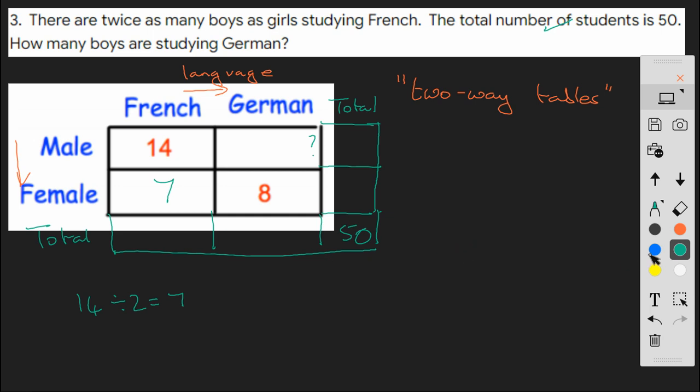So we've now entered all the information that we've been given. So it's a question of what can we now work out? Well, if 14 boys and 7 girls study French, then the total here must be 21. If 7 girls study French and 7 girls study German, then in total there must be 15 girls.